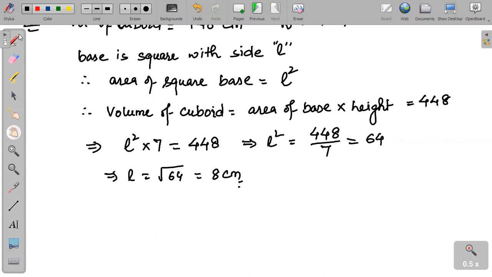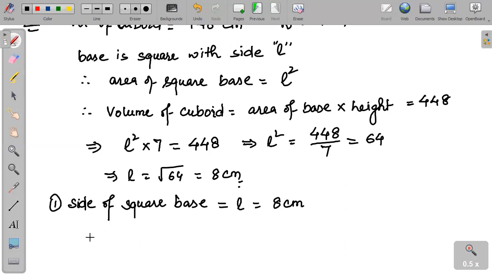Now, number 1, side of square base is equal to L is equal to 8 centimeter.